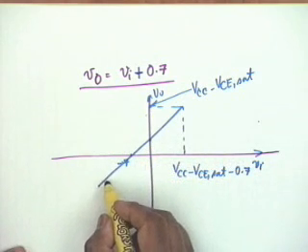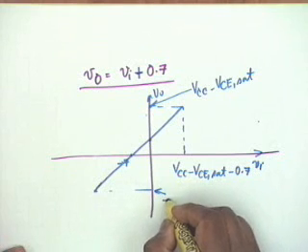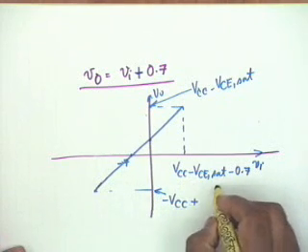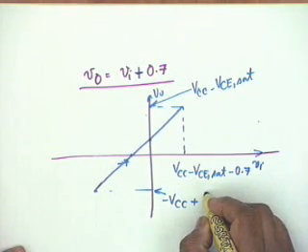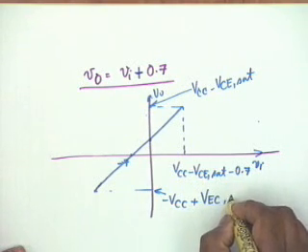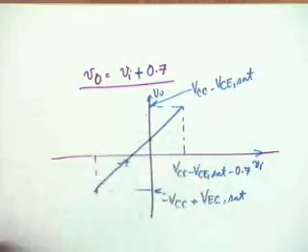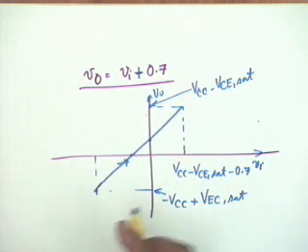And similarly, the minimum value that can be reached is minus VCC plus VEC sat, because for the second transistor, which is a PNP, it is VEC sat, which is equal to 0.2. Okay. So this is how you can find out what the input voltage is. This will be exactly the negative of this. Okay, for that particular input.